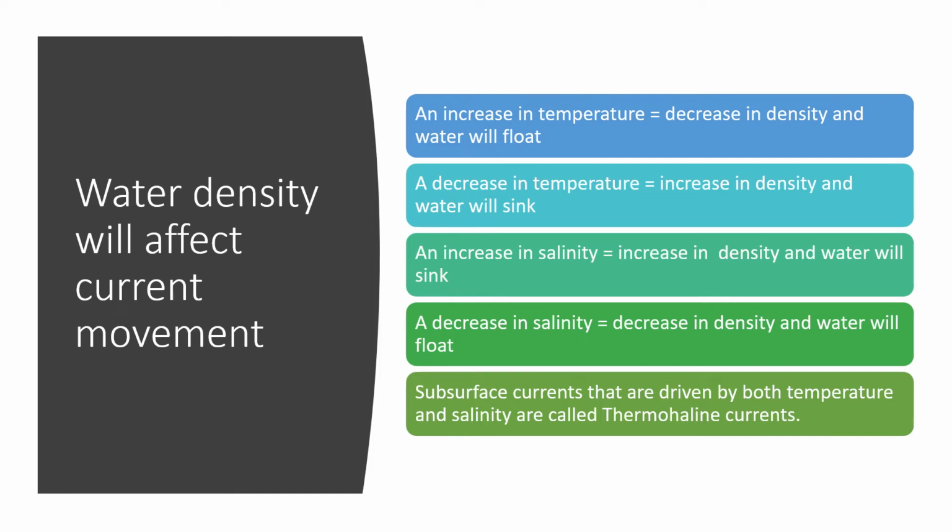When you increase the temperature, you decrease the density because the water molecules move further apart, just like air. And when you decrease the temperature of water, you increase the density because the water molecules get closer together, just like air. And so increasing and decreasing the density with temperature will cause the water to move and create currents as well.